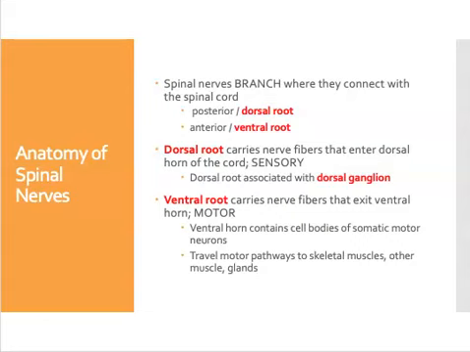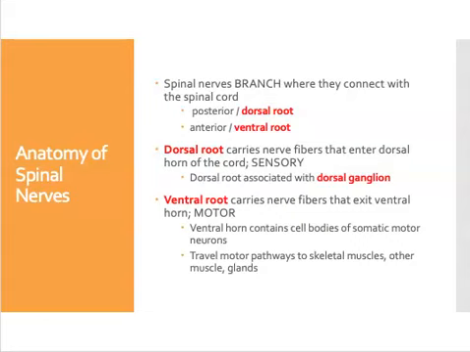These are motor fibers. The ventral horn itself is where the cell bodies of these motor neurons are. They're going to travel out into the periphery of the body to skeletal muscles, to smooth muscles, and to glands, and so on.